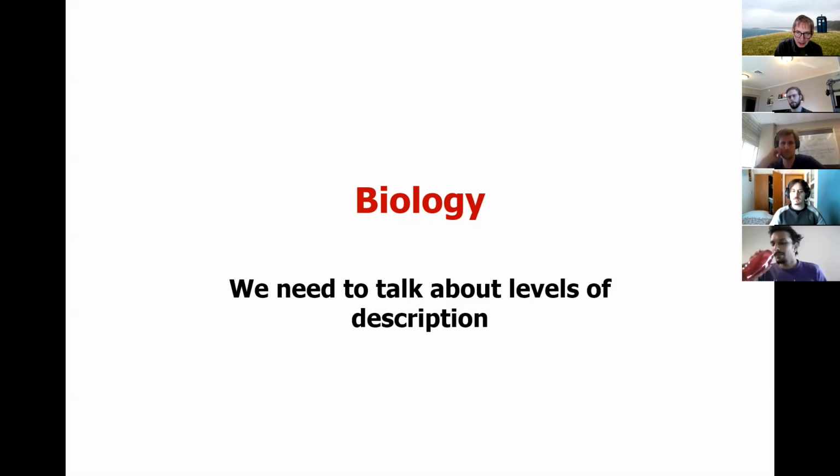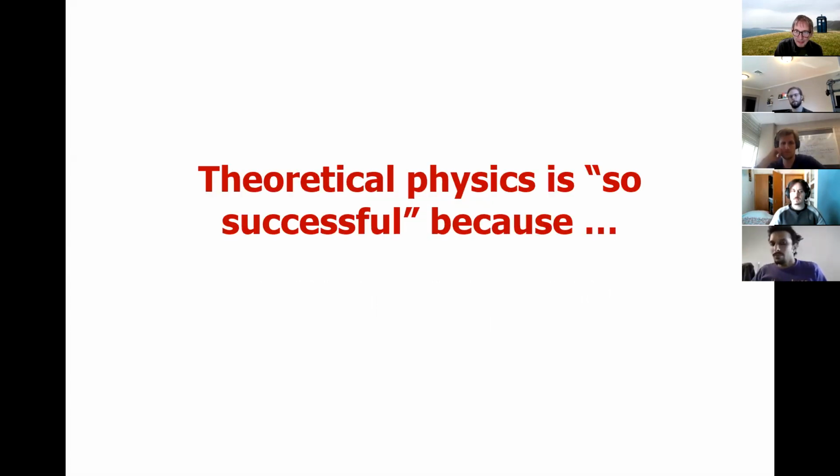So I want to talk a little bit about biological systems and about levels of description in a different way. Let's talk about this statement: theoretical physics is so successful because, okay, why is theoretical physics so successful? Anybody want to make some suggestions?